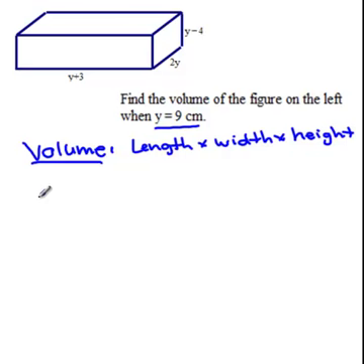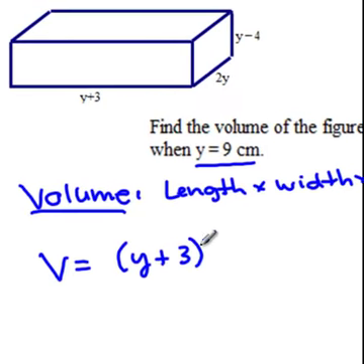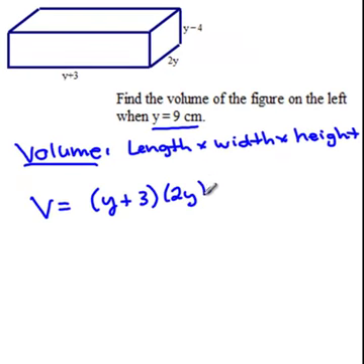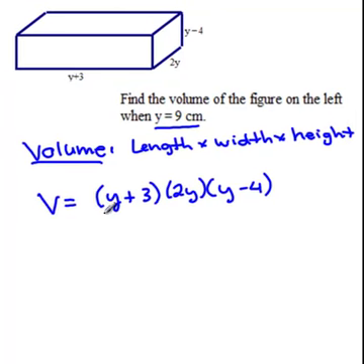So the volume for this, the length is y plus 3, the width is 2y, and the height of the box is y minus 4. So we'll go ahead and multiply those out. It doesn't matter what order you multiply in. We'll go ahead and do left to right.